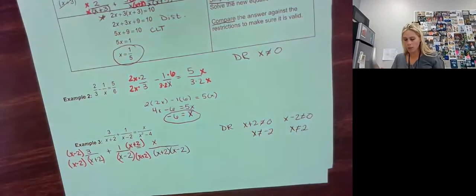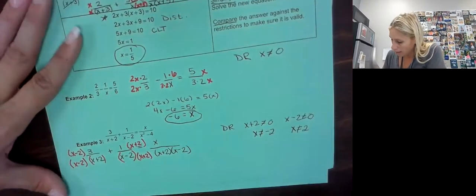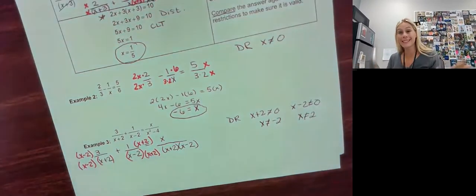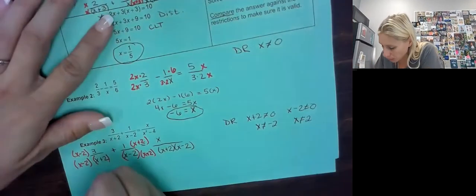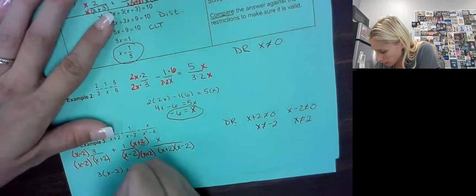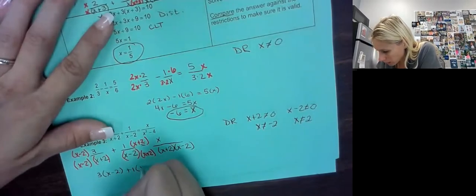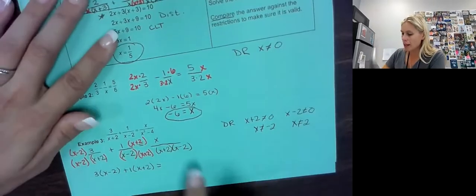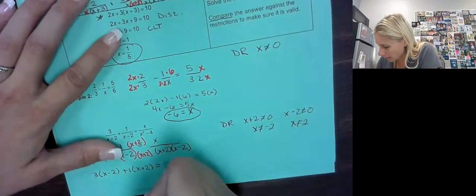Now, do they have common denominators? Yes. All right, next, we can ignore our denominators because they cancel. So let's look at our numerators. We have 3 times x minus 2 plus 1 times x plus 2 equals, and we didn't have to do anything over here, so we just have x.